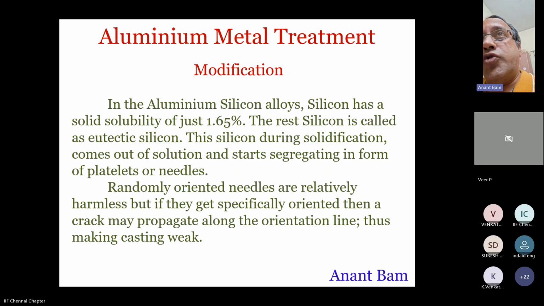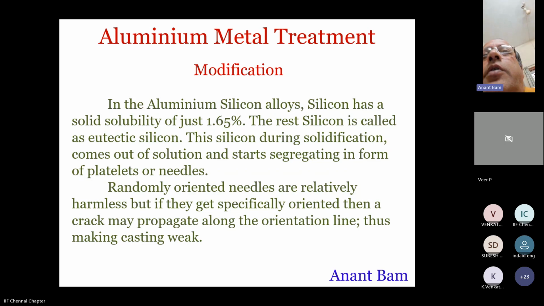That comes to about 12.5% silicon. Initially it was 7% silicon. Alpha took some part of it, solidified, and expelled the remaining silicon into the liquid. So now the remaining liquid has 12% to 13% silicon.